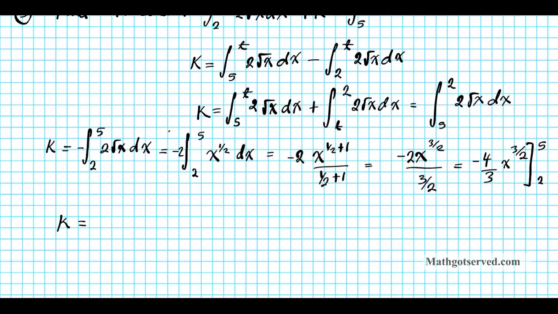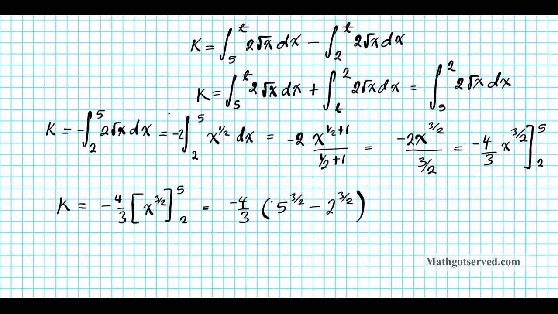I don't want to keep writing it over and over again. And then we're going to evaluate x to the 3/2 from 2 to 5. So this is going to become -4/3 times 5 raised to the 3/2 power minus 2 raised to the 3/2 power.